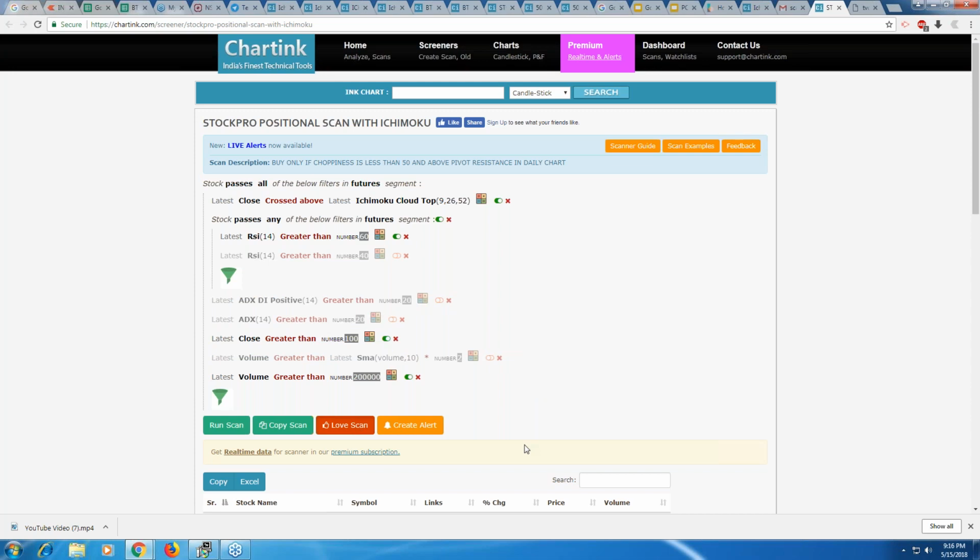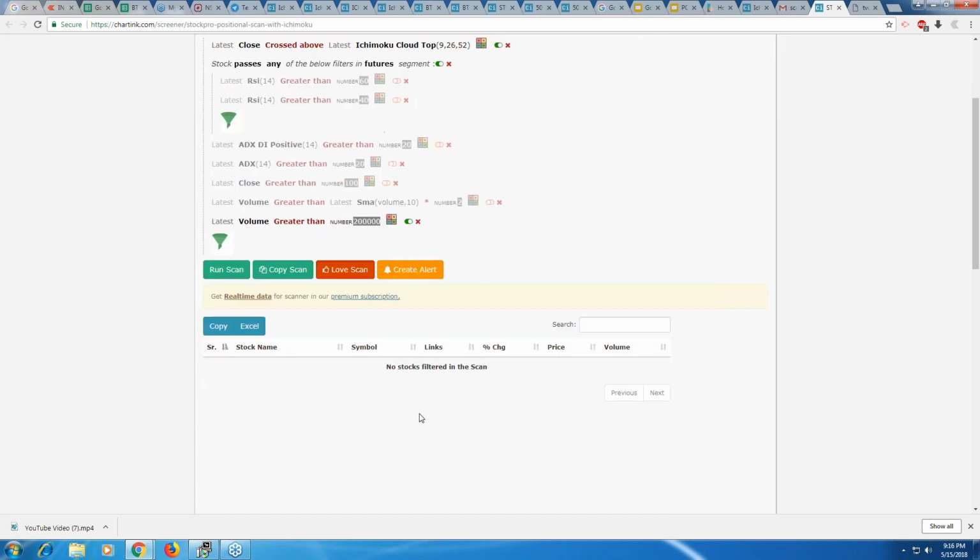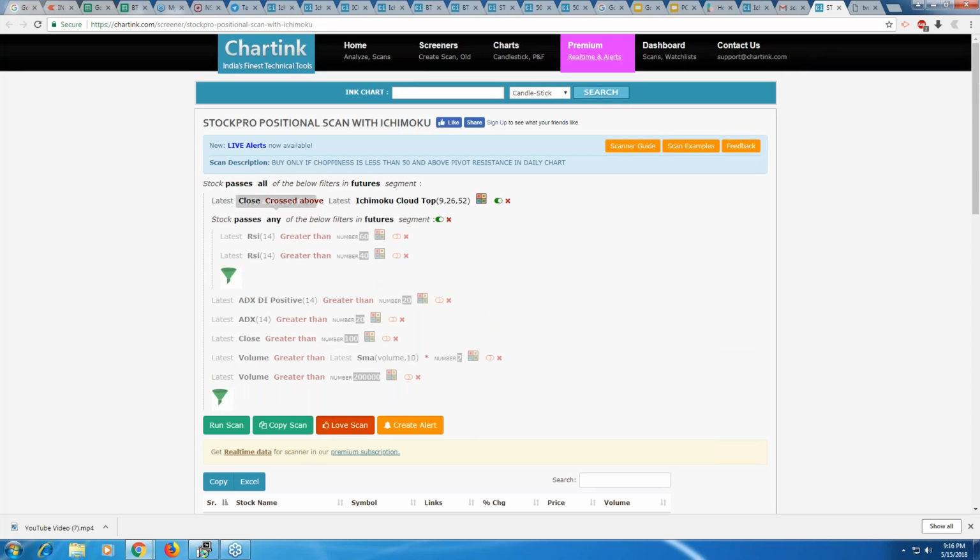No stock. Okay, if I reduce this and this, if I run it, do I get something? No. If I further reduce it, I've just left one statement. Does it give me something? No. Right? So that means there is no futures stock which is today breaking its Ichimoku cloud, right?